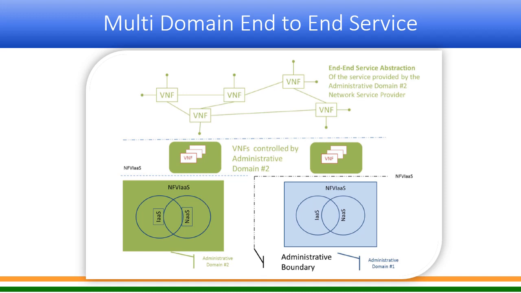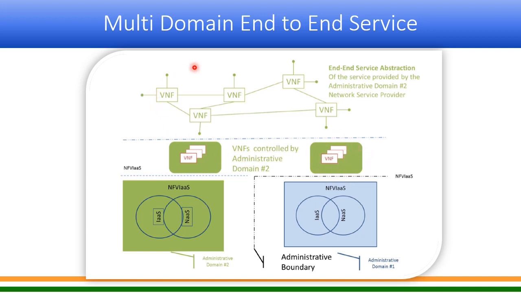So this is yet another example taken from one of the ETSI documents. There are two domains, domain 1 and domain 2. Domain 1 is say operator 1, domain 2 is say operator 2. The example is that domain 1 is this, and domain 2 is the green one. What it says is that domain 2 has its own NFVI aaS and VNF deployed onto that, and it has taken this NFVI part of NFVI aaS and deployed certain VNFs here.